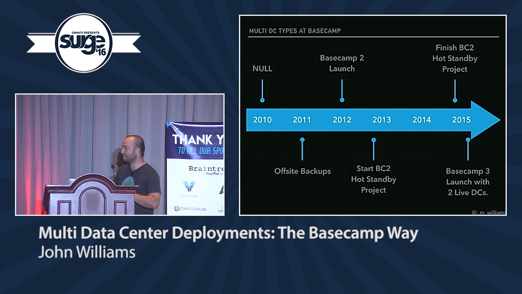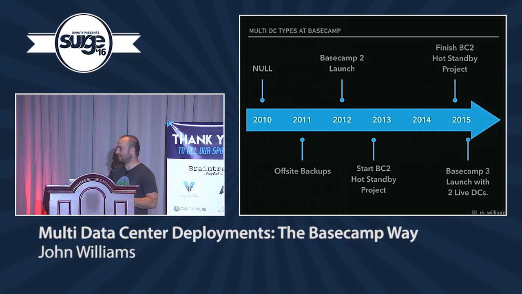So at the end of 2012, we started that, and it took a long time, partly from having a small team manage that project and try to push it through. Finally, in 2015, we finished it, and we failed over from one data center to the other and did all the test runs, and it worked.